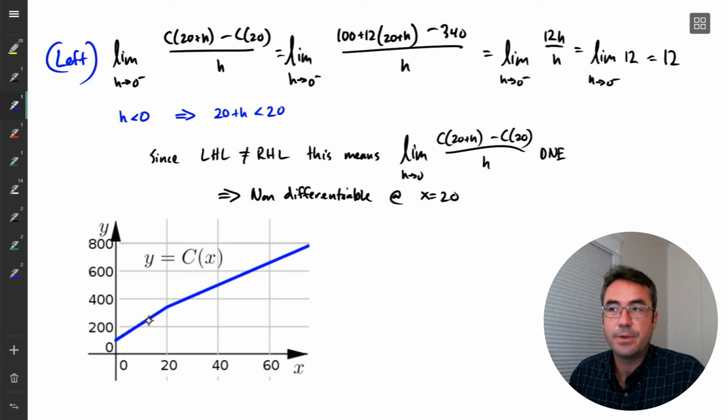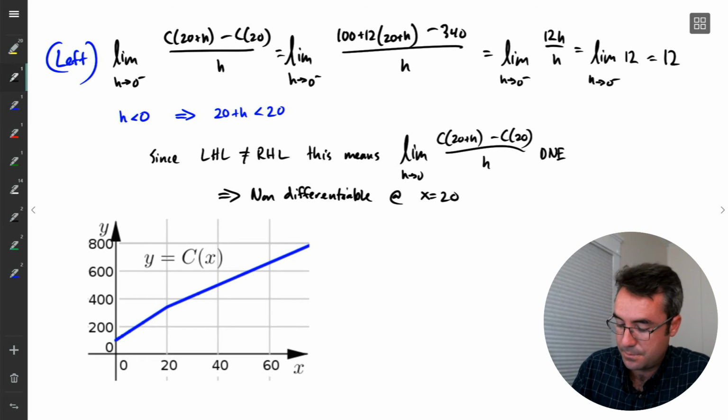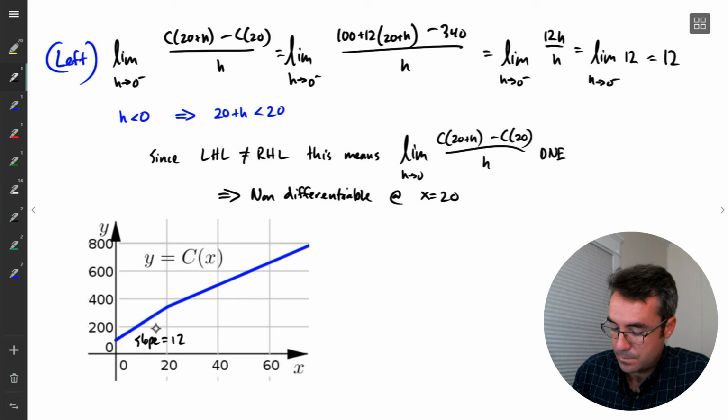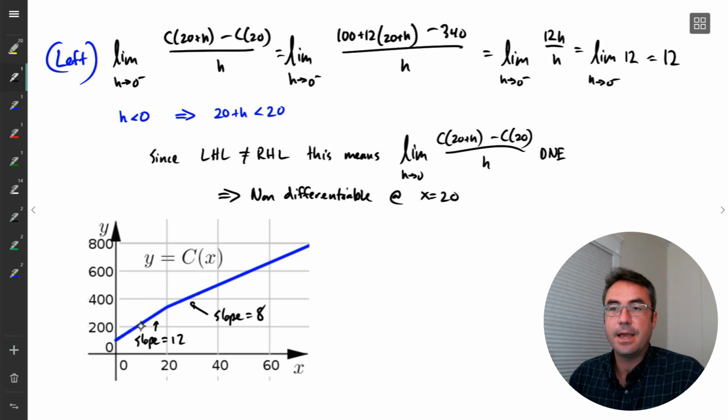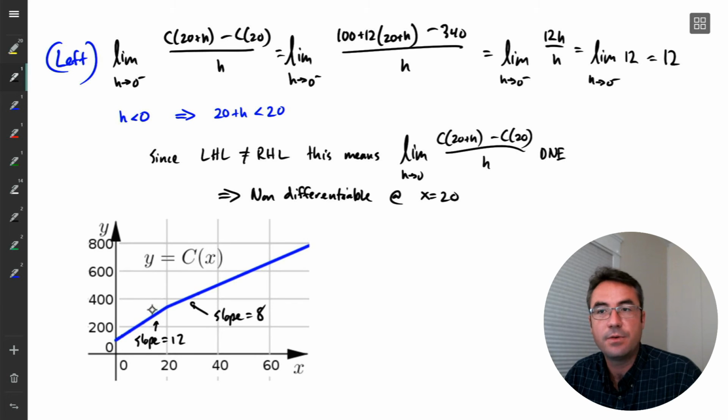So on this side, what we calculated is that the slope was 12. And then on the right side, we calculated that the slope was 8. And it didn't gradually transition from 12 to 8. It was just this sudden change. We're going from having a slope of 12, and then all of a sudden we have a slope of 8.